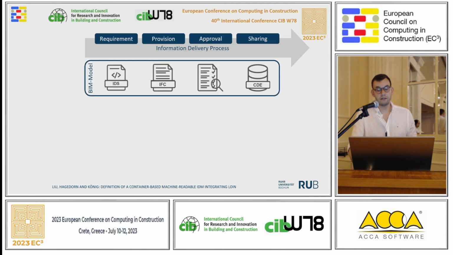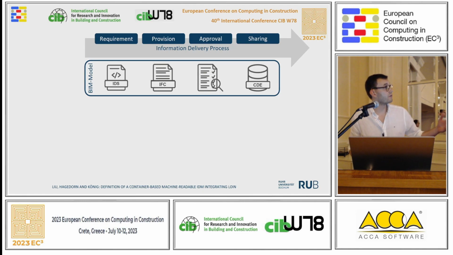When we now look into how this process is done in BIM-based projects, then we have the requirements definition using IDS, which is quite a new thing that is currently developed by Building Smart. Therein all the requirements for an IFC model that has to be produced by the BIM authors or whoever are specified.